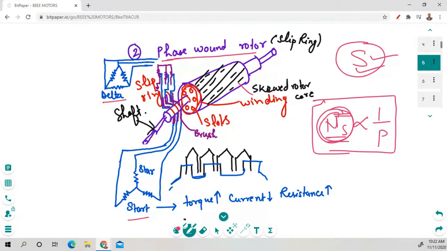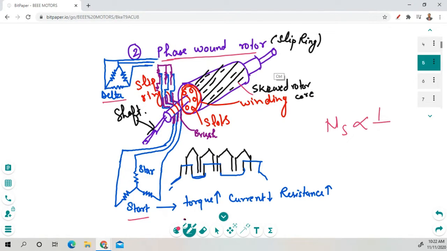So right now you understand the construction of this three-phase induction motor. Pankaj, Toshiba, Gautam, clear? Any doubt till now? Write in chat box how we are going to construct a three-phase induction motor.